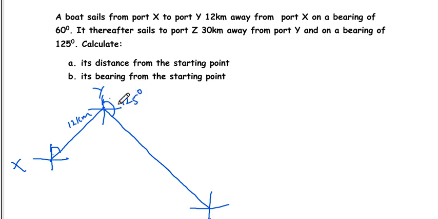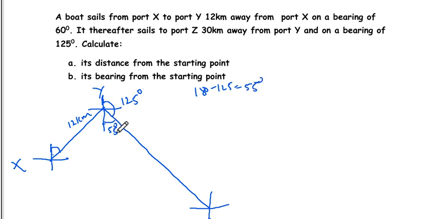Now the whole of this angle is 180. So if this is 125, that means this angle will be 55, because 180 minus 125 is equal to 55 degrees.